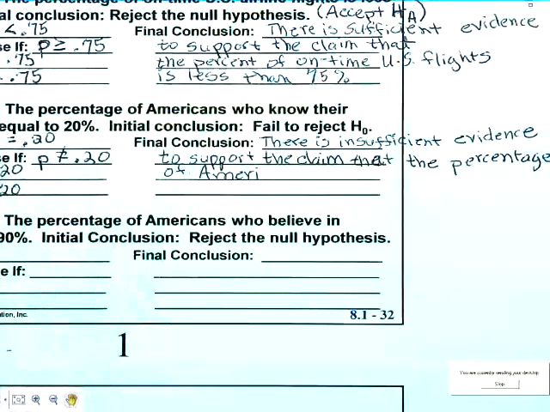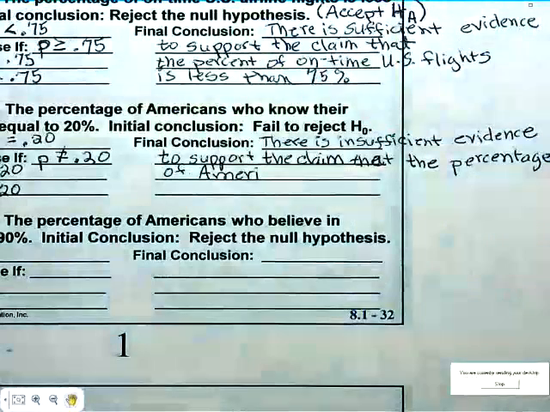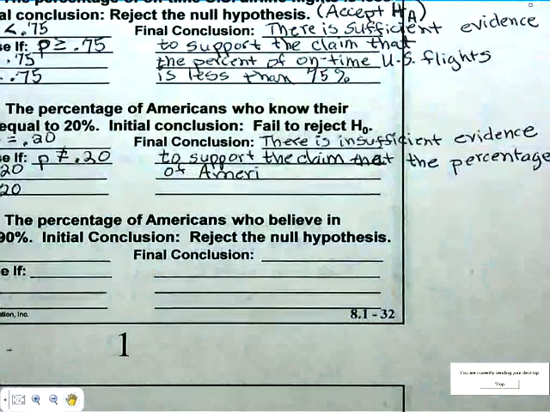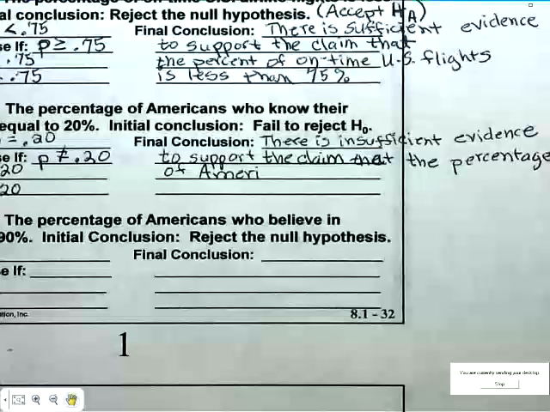Yeah, there's just not enough evidence to say whether or not it is 20%. It may be, but it may not be. Fail to reject always means not enough evidence to say one way or the other.